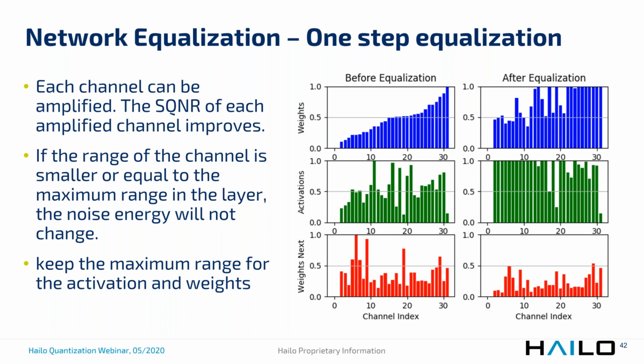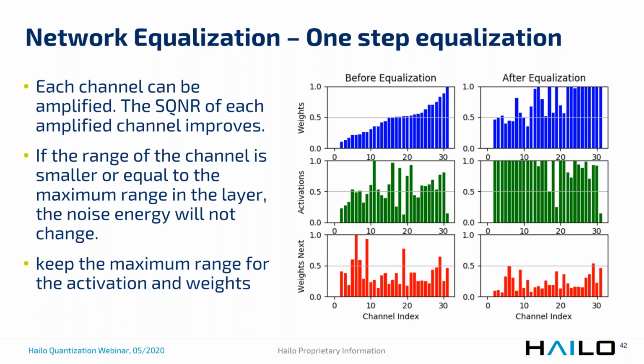So let's look here at an example. Okay, now you see my mouse. We have here the dominant channel, which is, let's say, channel number 10. And we see here that channel number 31 has a very small dynamic range, so we want to amplify it. However, the corresponding weights happen to be the dominant channel.